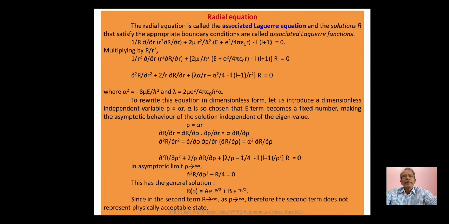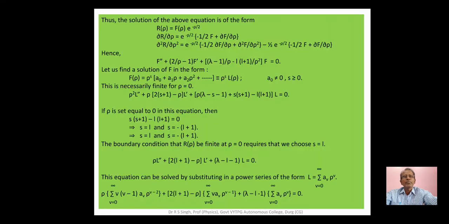We introduce two new variables, alpha square and lambda. To write the radial equation in dimensionless form, we introduce a dimensionless independent variable rho equal to alpha r and get the physically acceptable general asymptotic solution for capital R in terms of exponential minus rho upon 2.